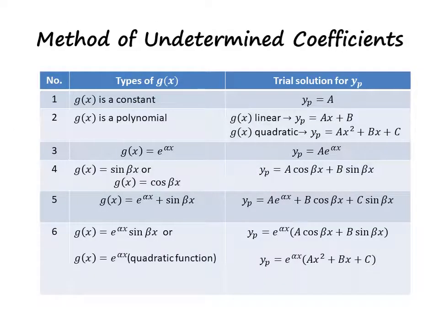Method of undetermined coefficients. The underlying idea in this method is a conjecture or educated guess about the form of yp that is motivated by the kinds of functions that comprise the input function g of x. We consider 6 cases as given in this table.